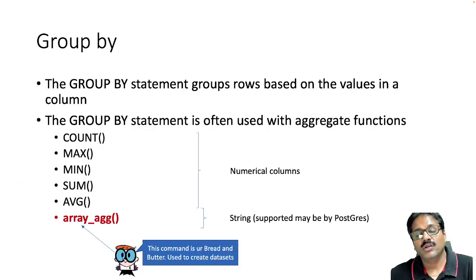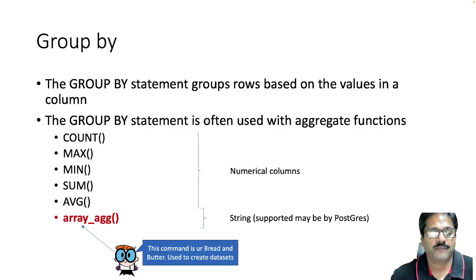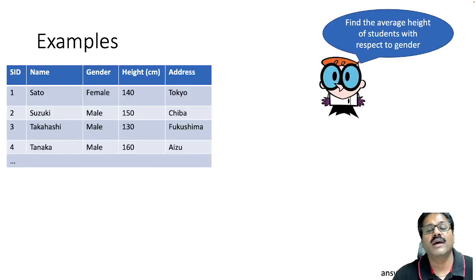Group by is a very important command. It is used to group the rows based on the values of a column. We use group by to count, find the maximum value, minimum value, sum, average, and so on. Group by is one of the bread and butter commands for analytical people.